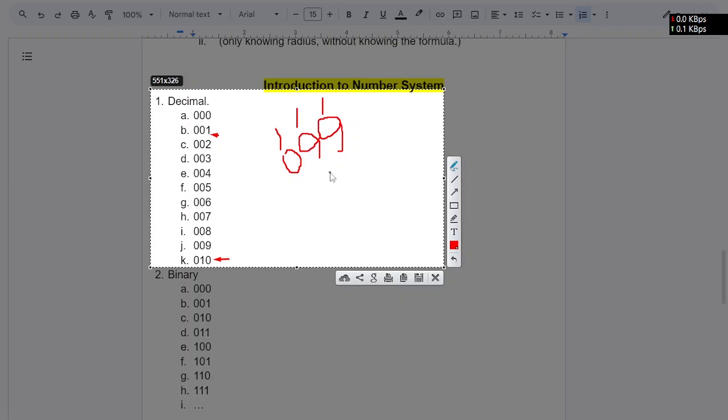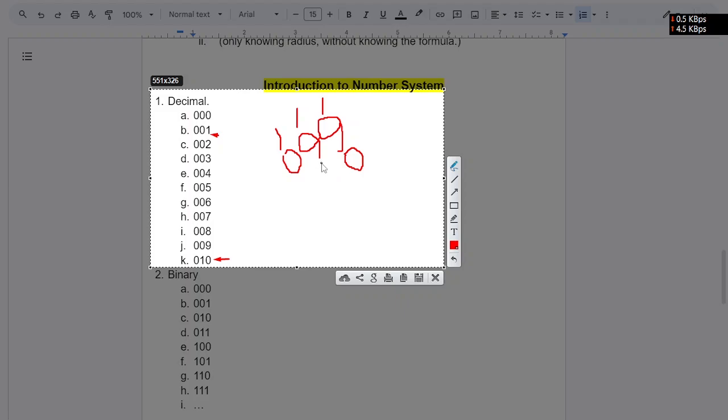So if we increment this number by 1, we cannot increment this 9, because 9 is the largest basic digit of the decimal number system. So 9 will be reset to 0, and we will add 1 to the left digit. But here is also the 9 digit. We cannot increment 9.